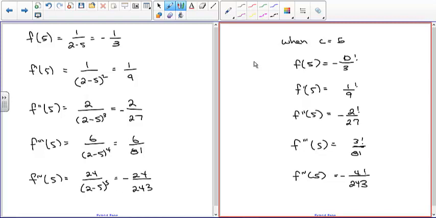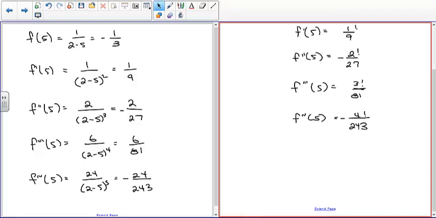If I wanted to take the next derivative, the 5th derivative, evaluated at 5, I'd have +5 factorial over 3 to the next power, whatever that one is. I don't know what it is.